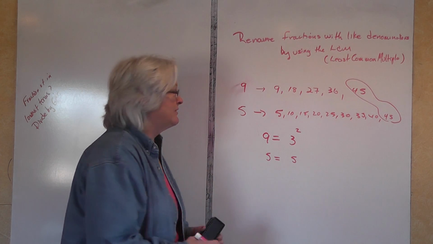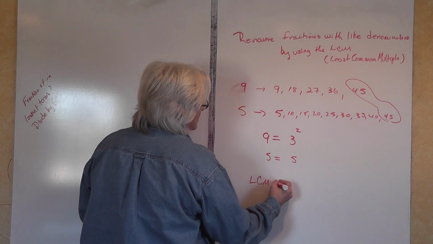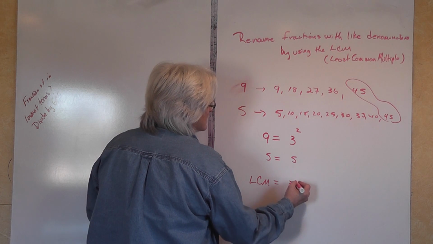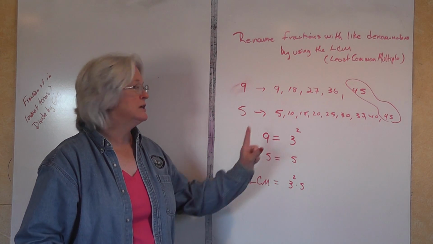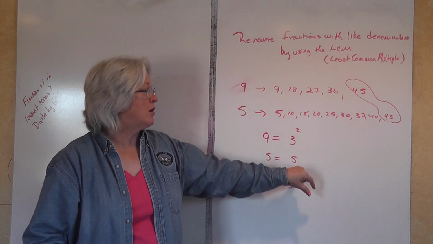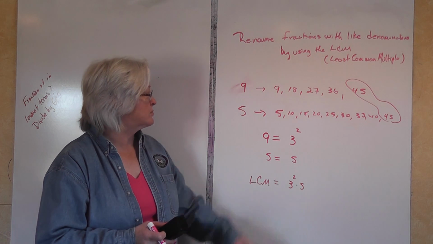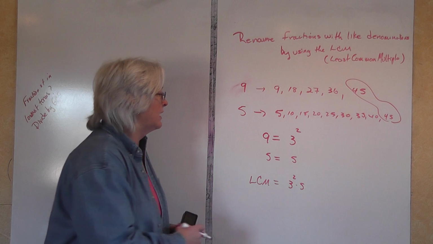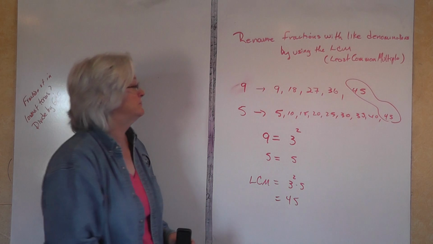The way that you arrive at the least common multiple is you take each unique prime factor and you use it the greatest number of times that it appears in any one number. Least and greatest, just opposite, because all of the factors have to appear in order to make this work. So you have 3 squared times 5, or 9 times 5, to give us the least common multiple of 45.